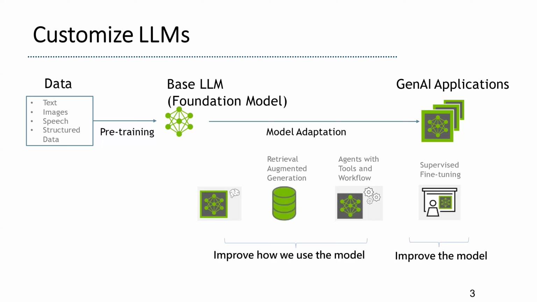The second general approach focuses on improving how we use the model. This includes techniques like prompt engineering, retrieval-augmented generation, and integrating models into agent workflows. These methods optimize the way we interact with the model, enhancing its utility without modifying the model itself.